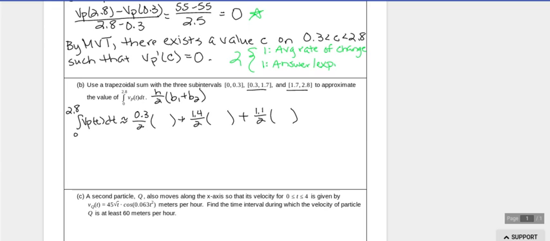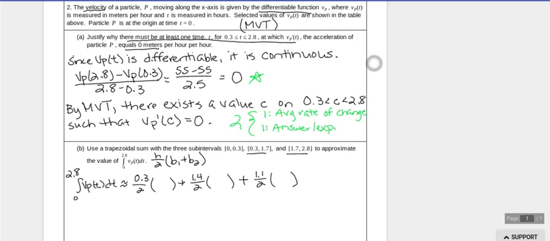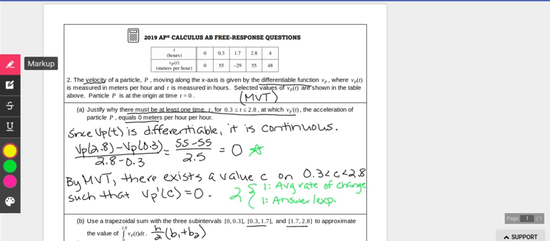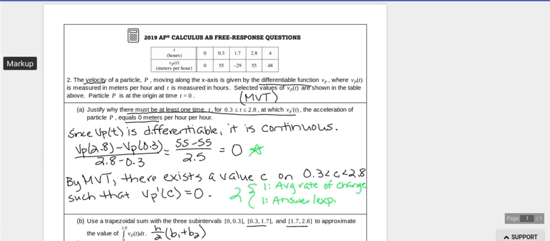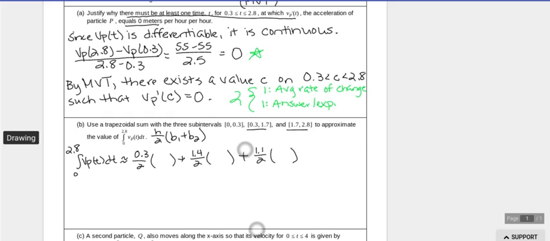So all of those values there are just the heights, the distances on the intervals. And now we're just going to look at what the bases are, from 0 to 2.8. So 0 plus 55 is going to give us 55.